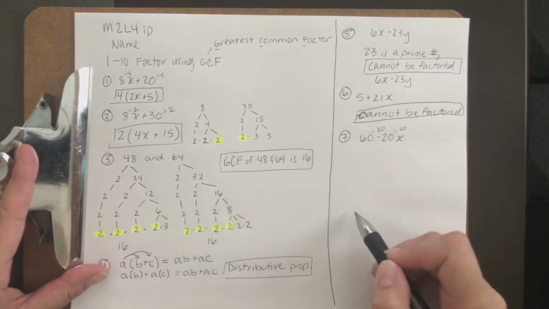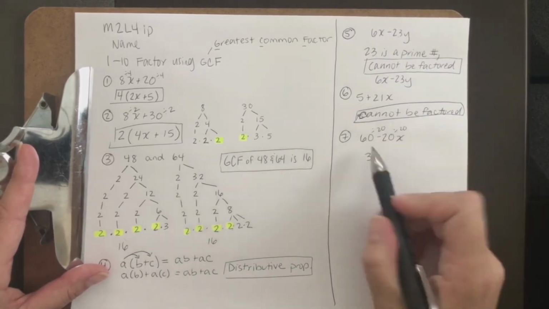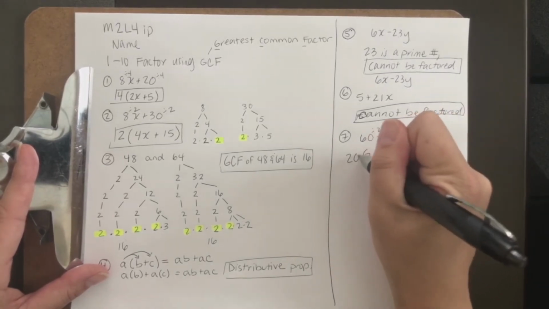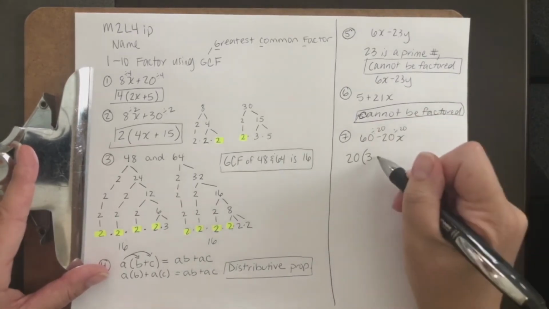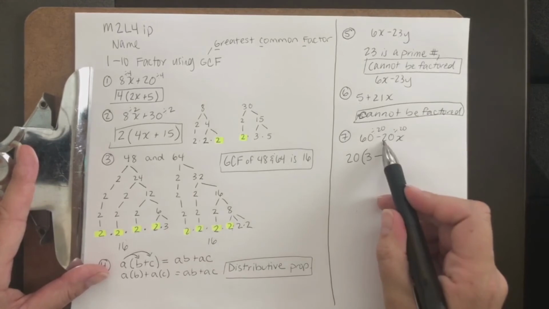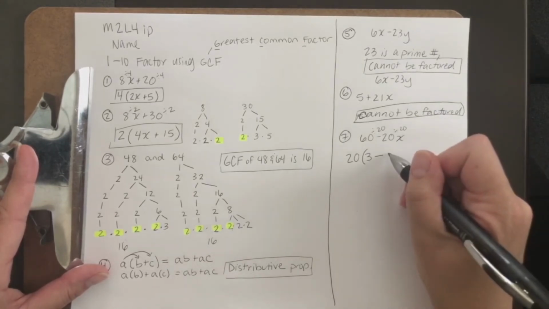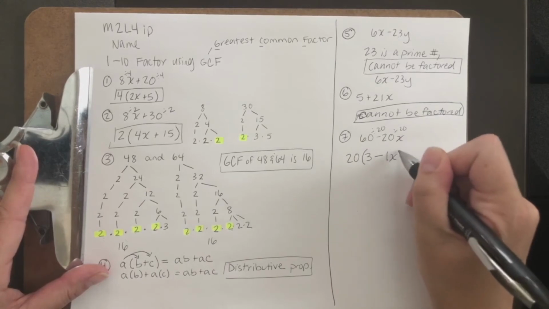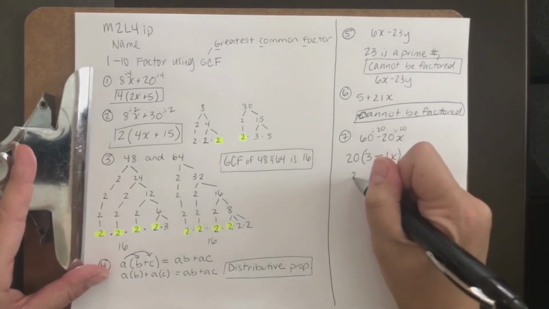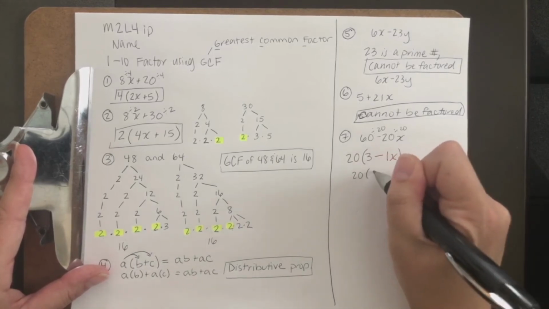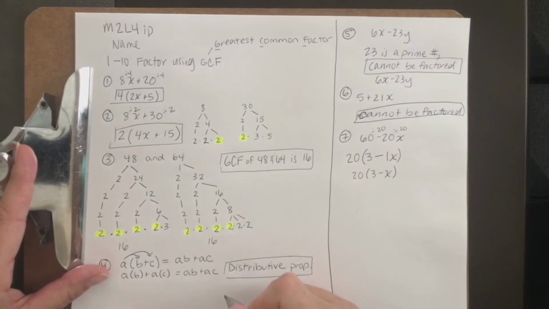What is 6 divided by 2? It's 3. We'll put the parentheses and the 20 out here. 20 times 3 is 60, so we're good there. Minus, well, 20 divided by 20 is 1, but we normally don't say 1x. We'll put it there to start with, but normally we just leave the 1 off. So let's rewrite that as 20 parentheses 3 minus x, close parentheses.